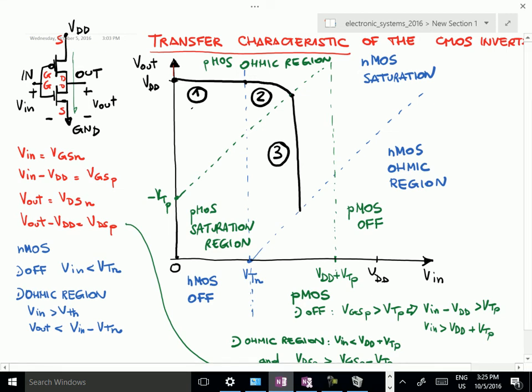But in this region, in region number 3, it is particularly easy, and therefore we do it because we can use a small signal model. You remember in region 3 both the PMOS and the NMOS are in saturation, so we can use the small circuit model of the MOSFET.